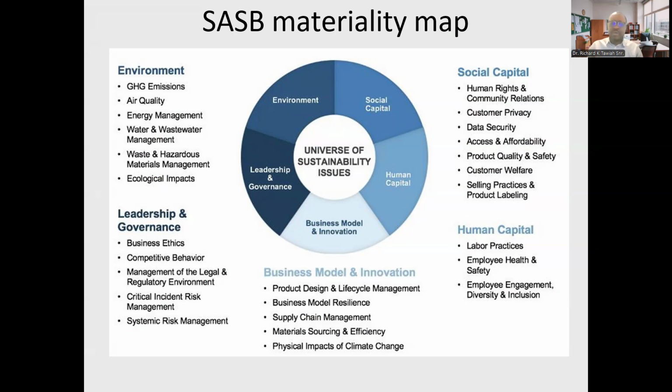Under environment, you can always talk of greenhouse gas emissions, air quality, energy management, water and sanitation, name them. Under leadership, we're talking of business ethics, competitive behavior, critical incident risk management, systemic risk management, right? Business model and innovation: product life cycle, business model resilience, supply chain management, material sourcing.